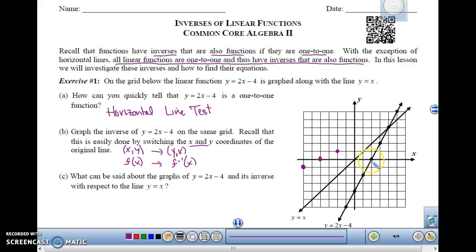And then 2, 0 will be 0, 2. Then 2, 2 will be 2, 3. And 4, 4 will stay 4, 4, which will be right there. And then 5, 6 will become 6, 5, which would be right here.